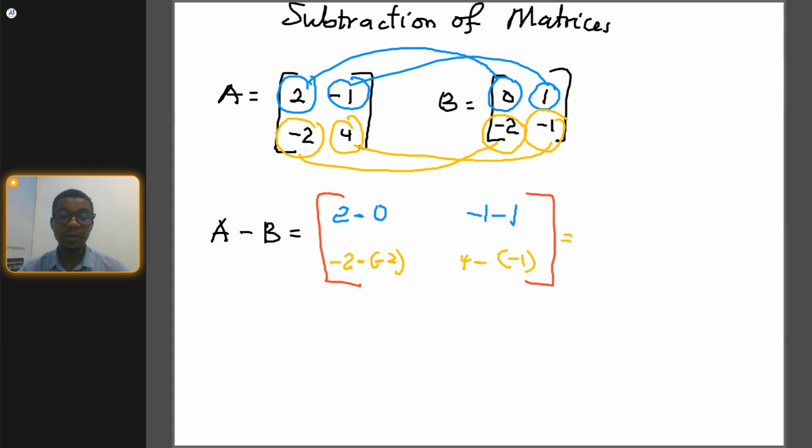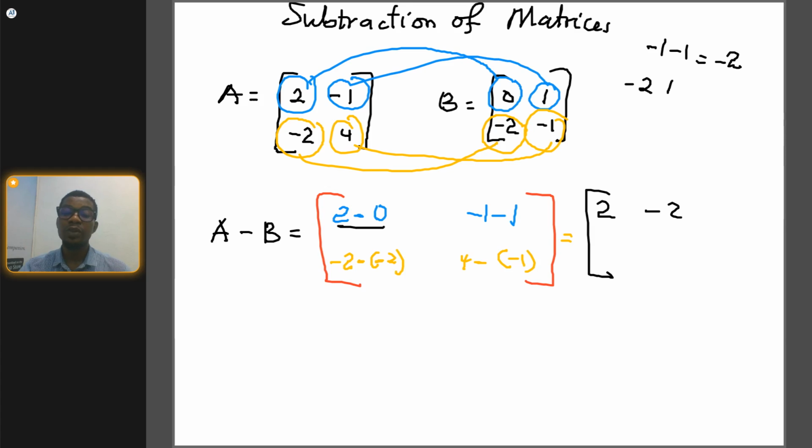By simplification, subtracting 0 from 2, the answer will be 2. -1 minus 1 will give us -2. Now this is -2 minus in brackets -2. Minus times minus will be plus.